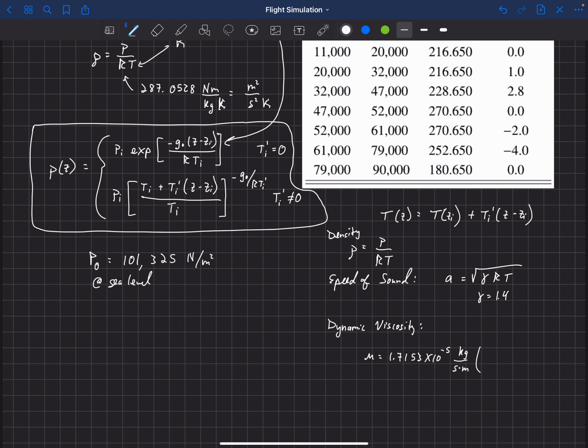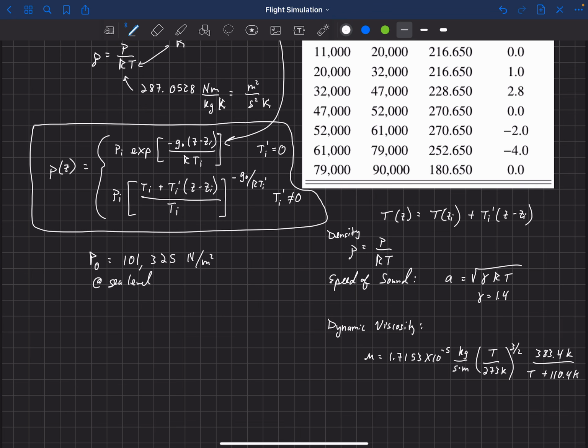And then that is multiplied by T in K divided by 273 K, raised to the 3/2 power. And then that is multiplied by 383.4 K divided by T plus 110.4 K. Okay, so that's the equation for dynamic viscosity.